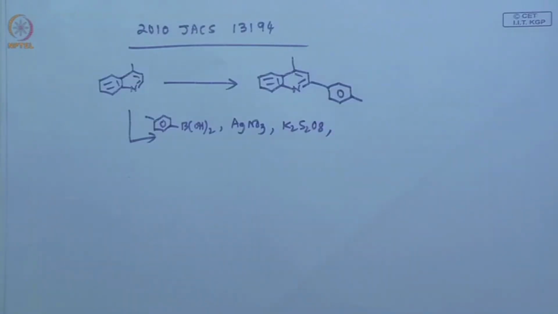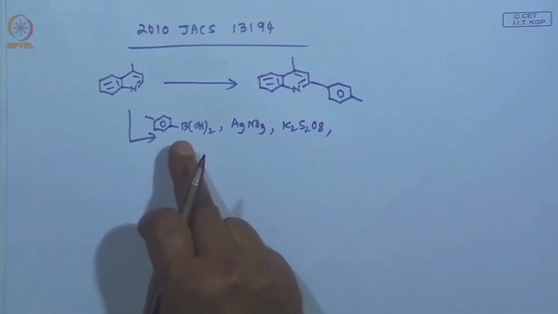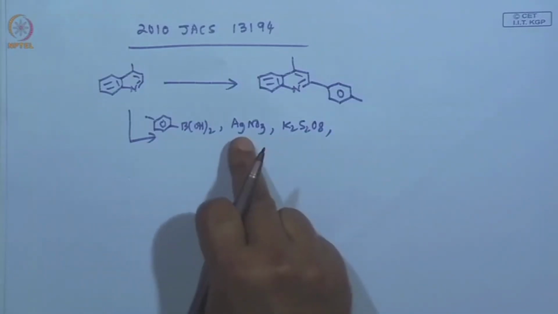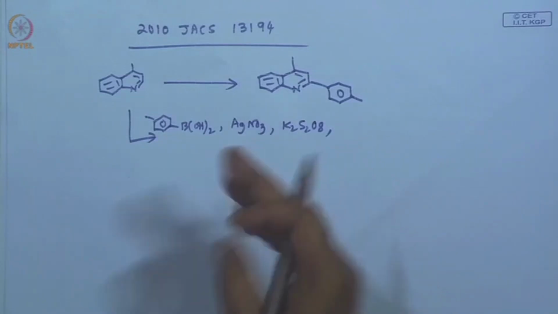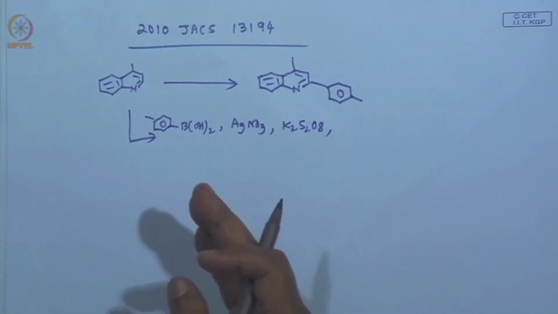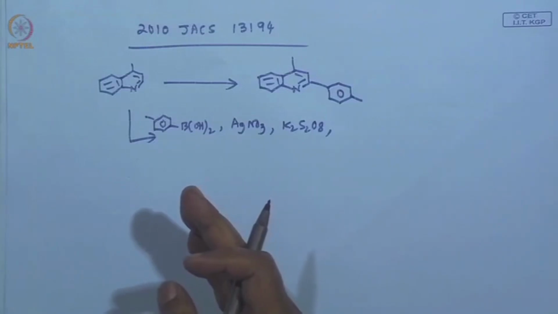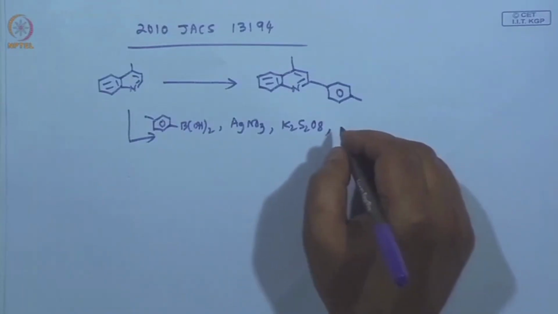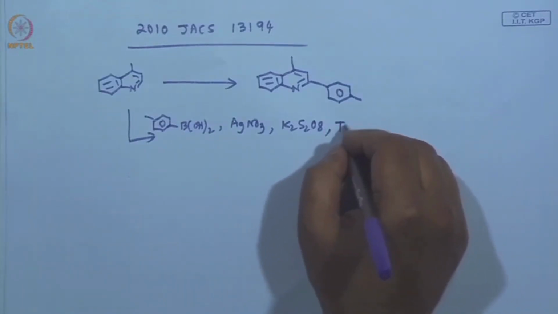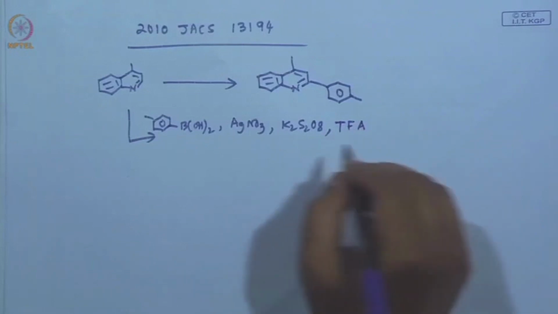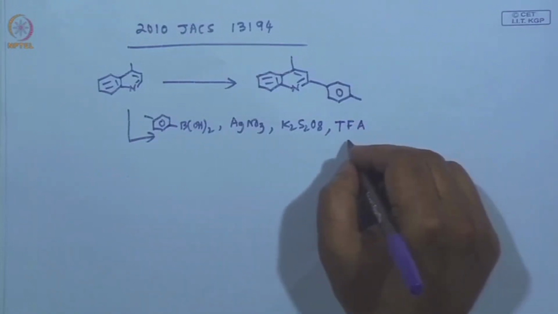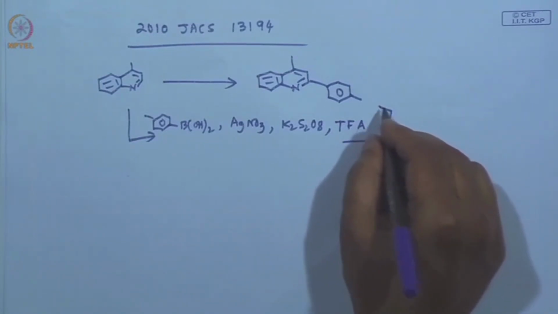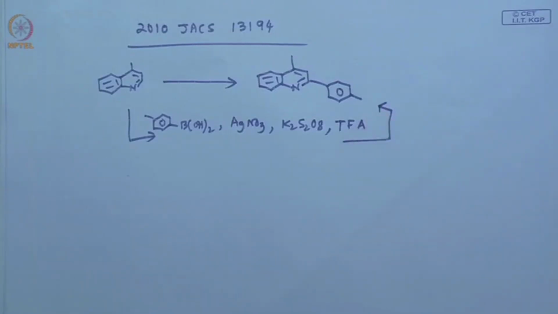What else? Persulfate is required for generating the sulfate ion radical, and acid. In this case he has cleverly used trifluoroacetic acid, and what you could get is this compound.